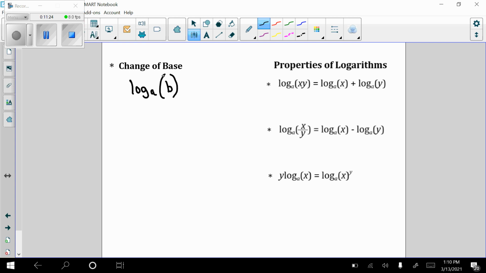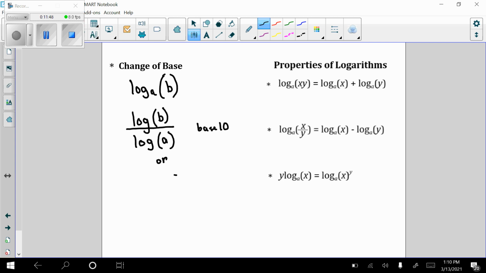But if you do need to change bases, you can change it to base 10 by doing the log of the argument, which is the B value, over the log of the base, which is A. That would be changing to base 10, because remember base 10 is the common log.